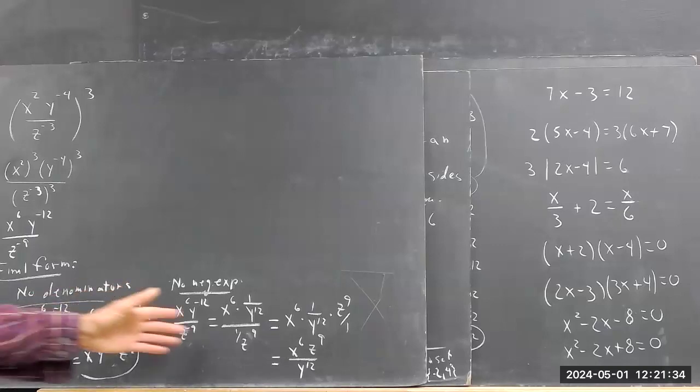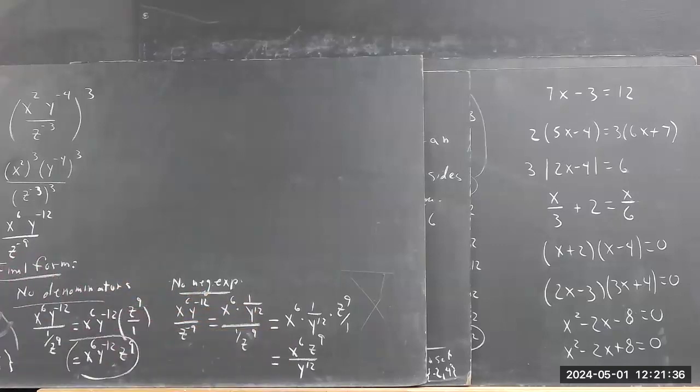Now you should ideally understand everything I just did. But if you don't, you can get away with this. If I've got a negative exponent in the denominator, I write that factor in the numerator, but with a positive exponent.